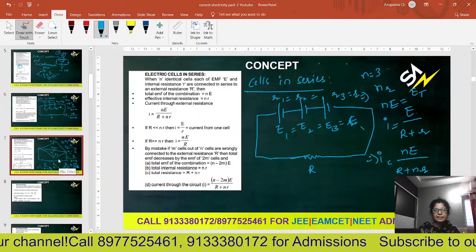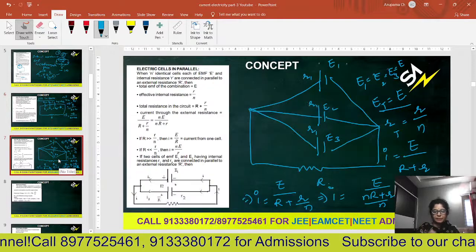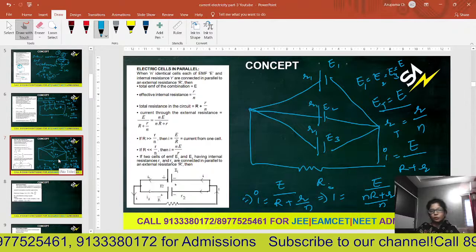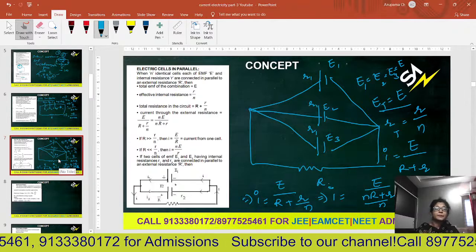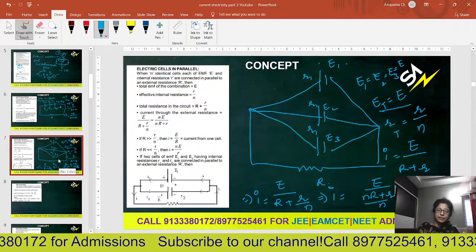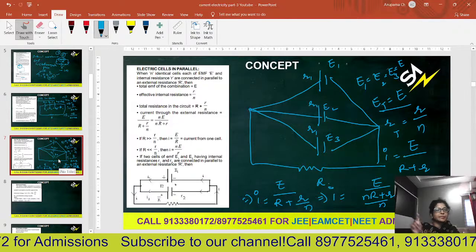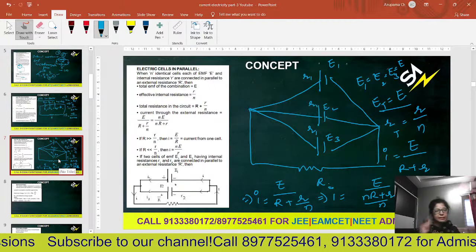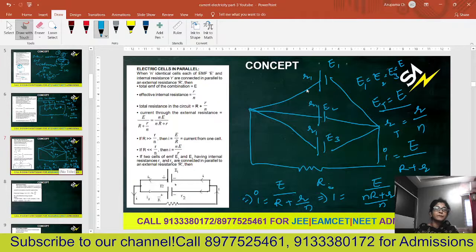In the second case we took cells in parallel connection. Now let us take mixed grouping. Mixed grouping means in the same circuit, a few cells will be in series and a few cells will be in parallel. That is called mixed grouping.